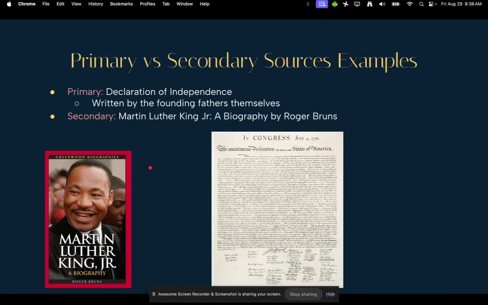So, again, a primary source example would be the Declaration of Independence because it was written by the founding fathers themselves. A secondary source would be this book right here, Martin Luther King Jr.: A Biography by Roger Burns. The reason why that's a secondary source is it wasn't written by Martin Luther King himself. It was written by a different source about him.